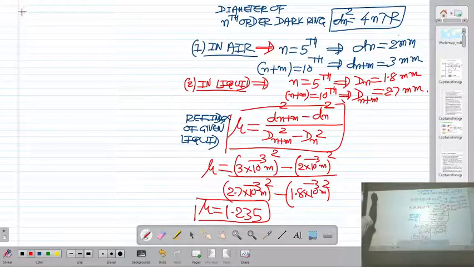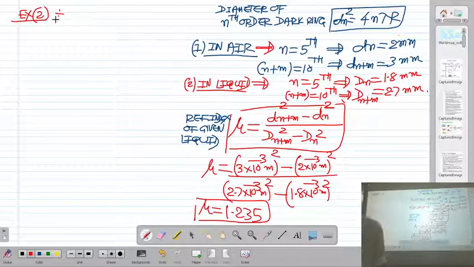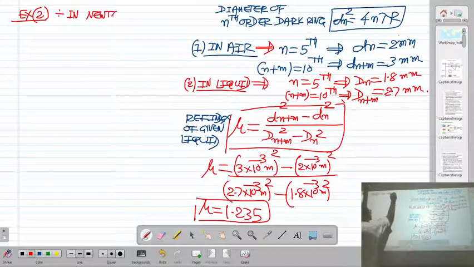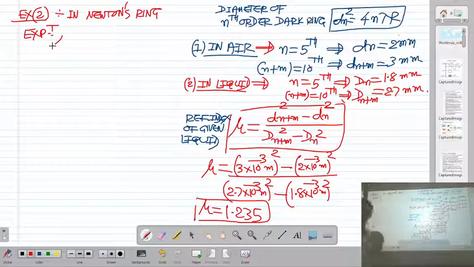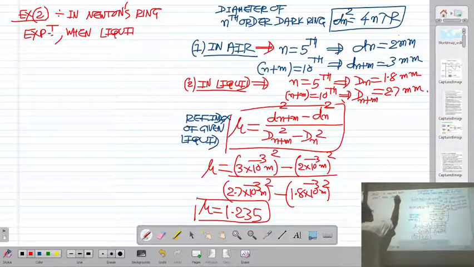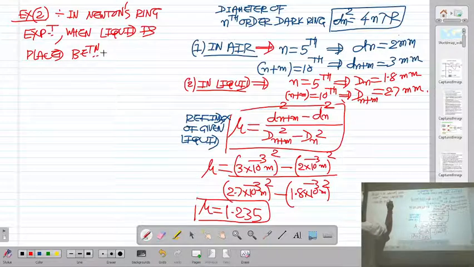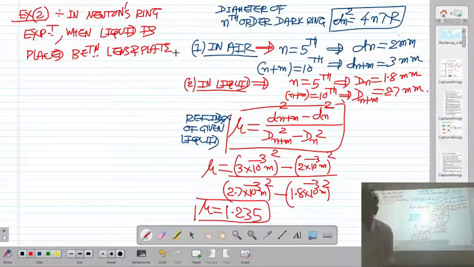Second example. Example 2. In Newton's ring experiment, when liquid is placed between lens and plate, instead of air film, there is a liquid film between lens and plate.